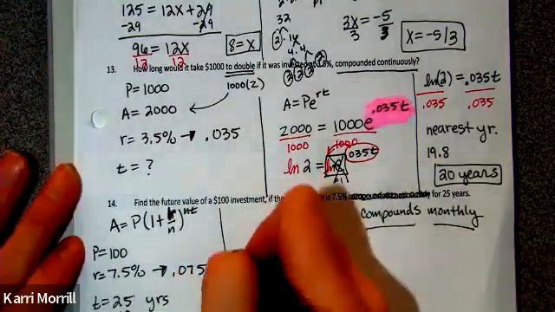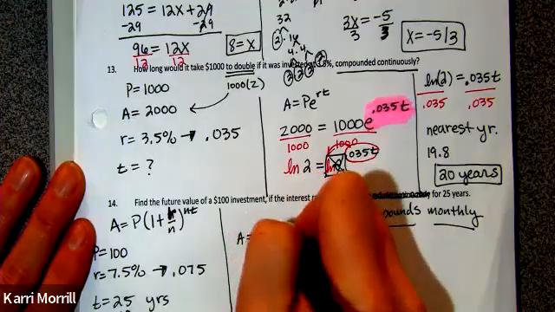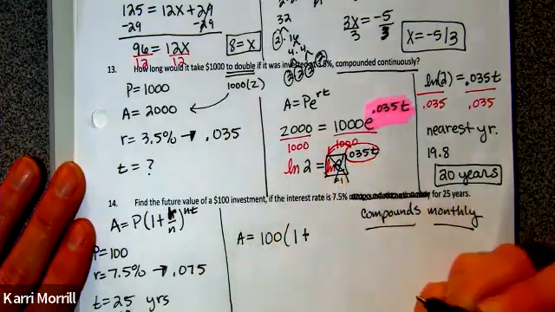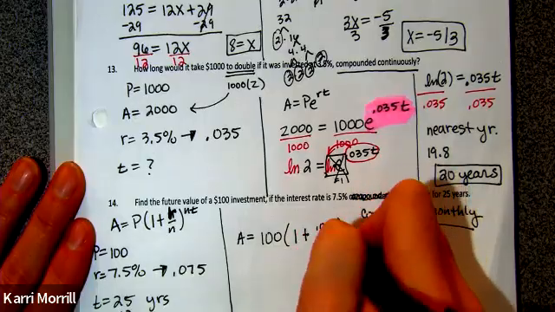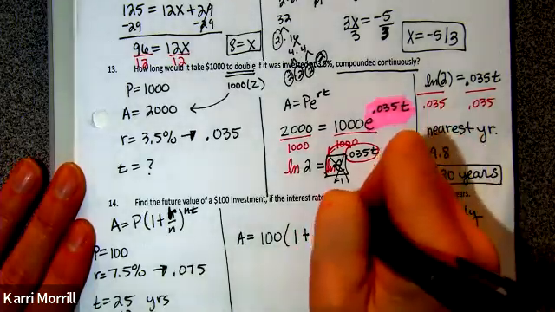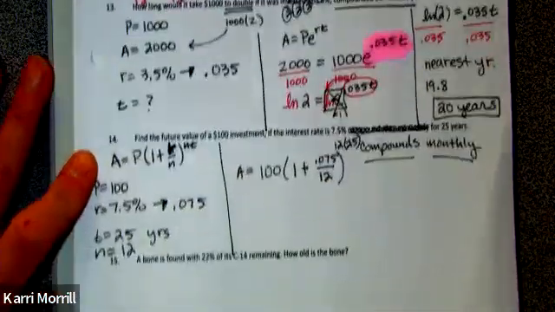Okay, so we have A equals 100 times 1 plus our rate of 0.075 over 12, since it compounds monthly, raised to the 12 times 25 power.